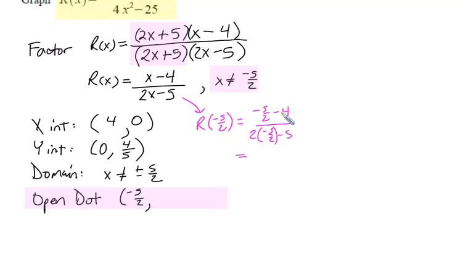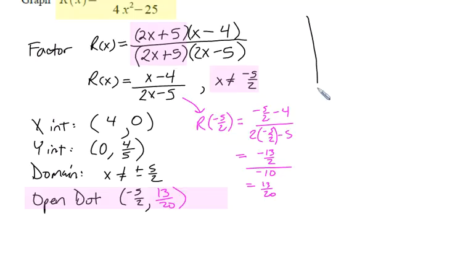Up in the numerator, that's going to be 3 halves. In our denominator, it looks like we have a negative 10. Negative 5 minus 5 should be a negative 10. And simplifying accordingly, this should be a negative 3/20 for the y-coordinate of our open dot.